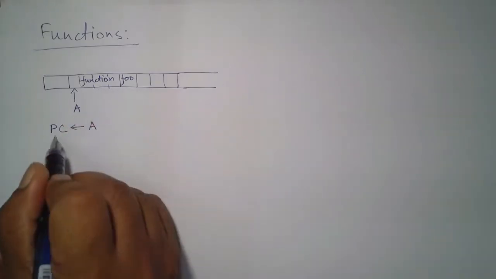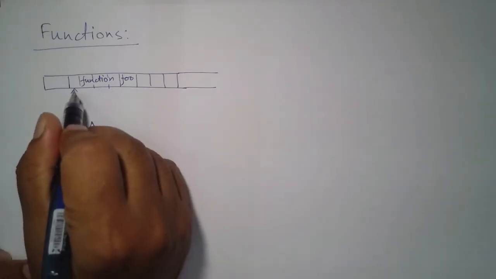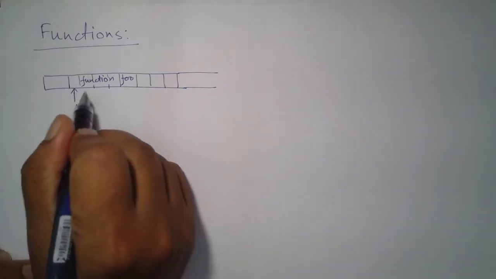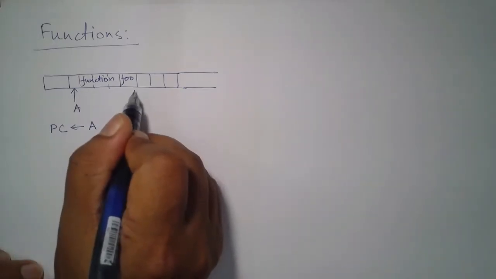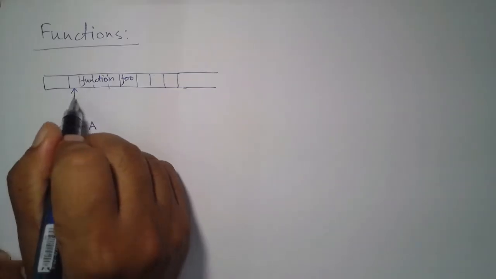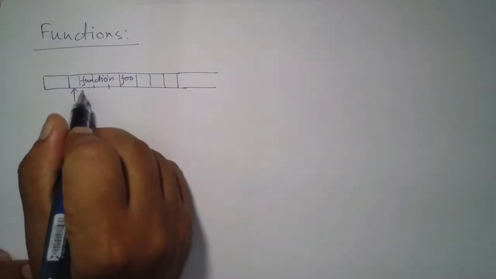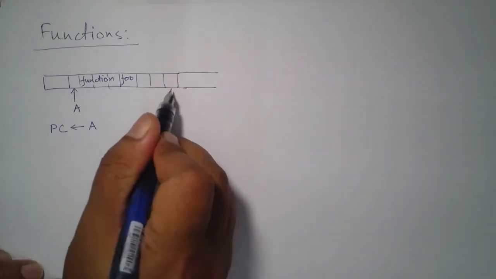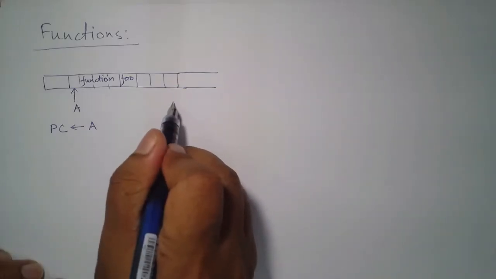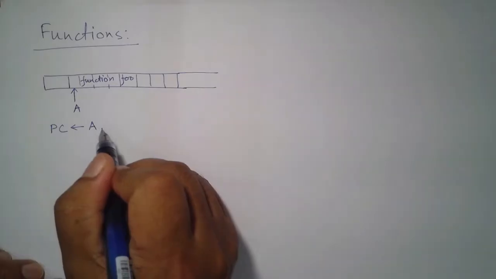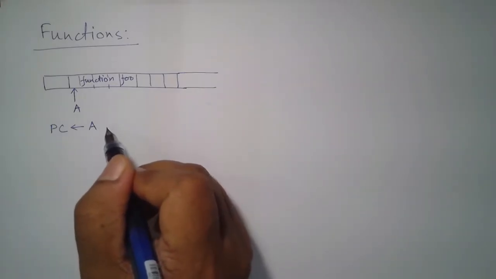One thing is that I need to call this function to perform some operation, but I also have to remember where I was, so that when I am done with evaluating this function, I have a return address so that I can come back to where I was.